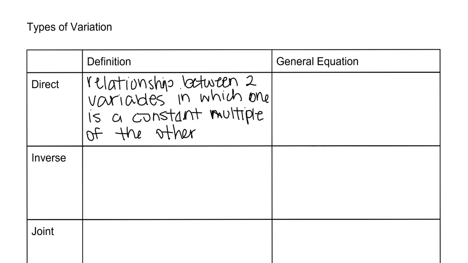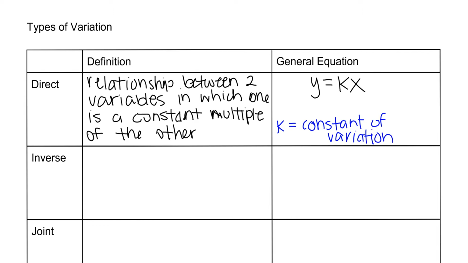The general equation is just going to be y equals kx, and k is going to represent what's called our constant of variation. Every type of variation is going to have this constant k that you're going to have to solve for first.